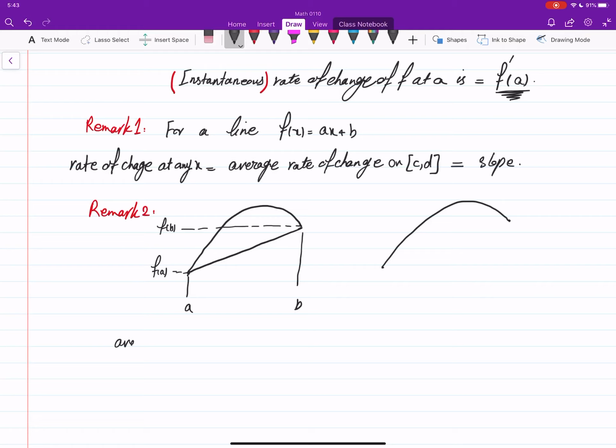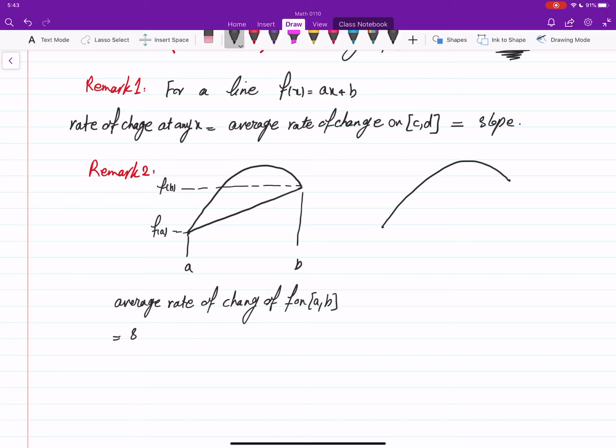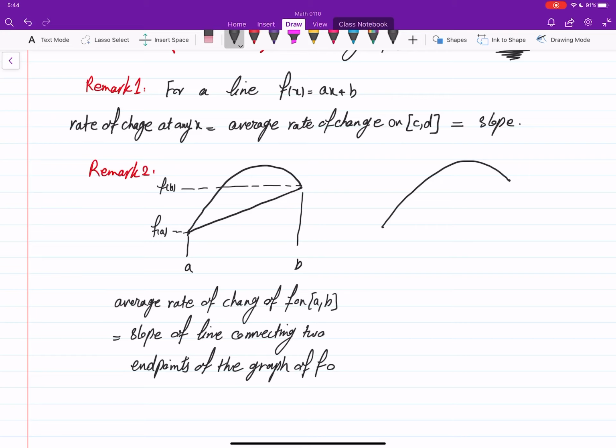The average rate of change of f on [a, b] is exactly equal to the slope of the line connecting the two endpoints of the graph of f on [a, b].